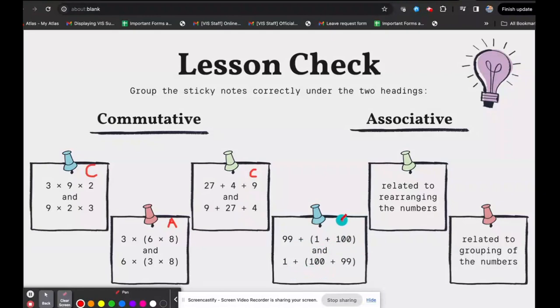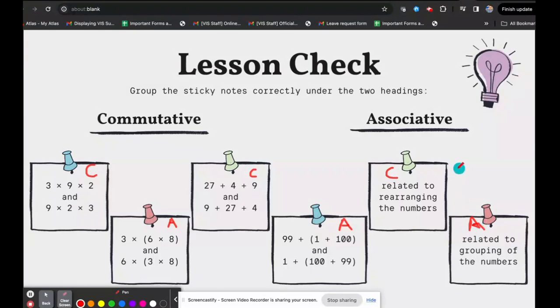This is called associative property. You can write A here. Now there are some definitions related to rearranging the numbers. If we only rearrange the numbers, it is called commutative property, and in case of grouping of numbers, this property is called associative property. If you write here A.